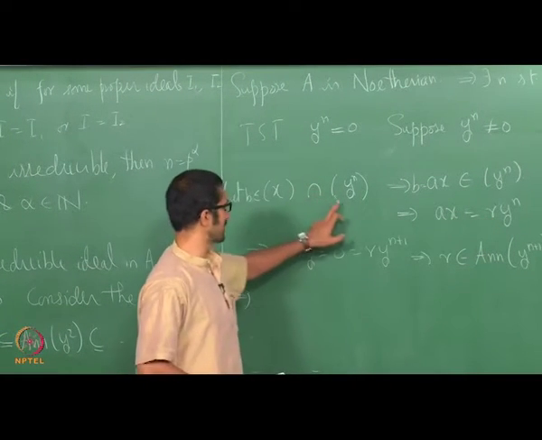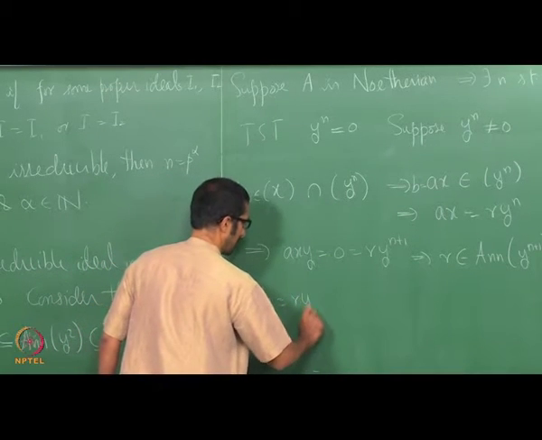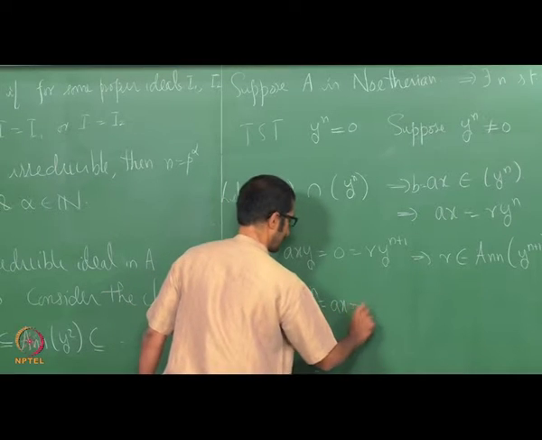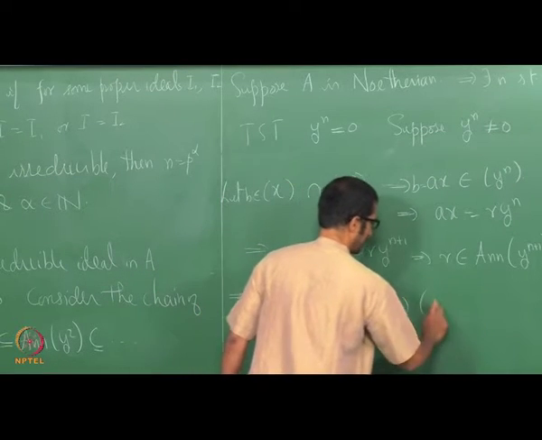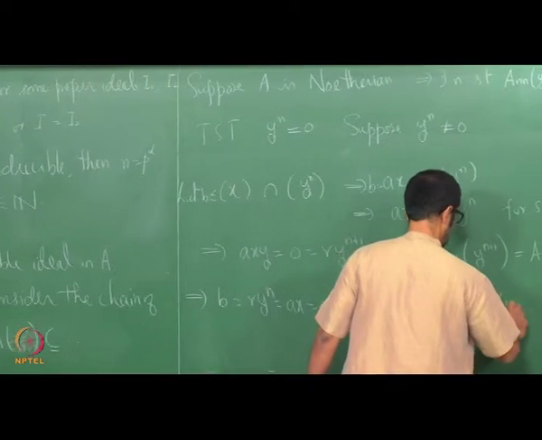That means this intersection is 0. This implies that the intersection of (x) and (y power n) is 0.